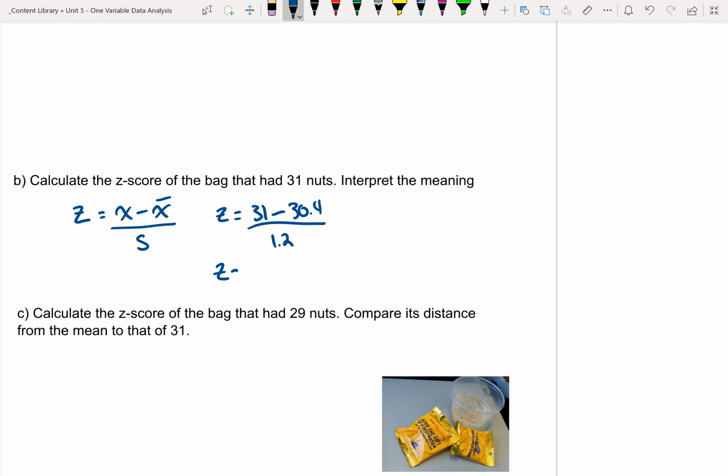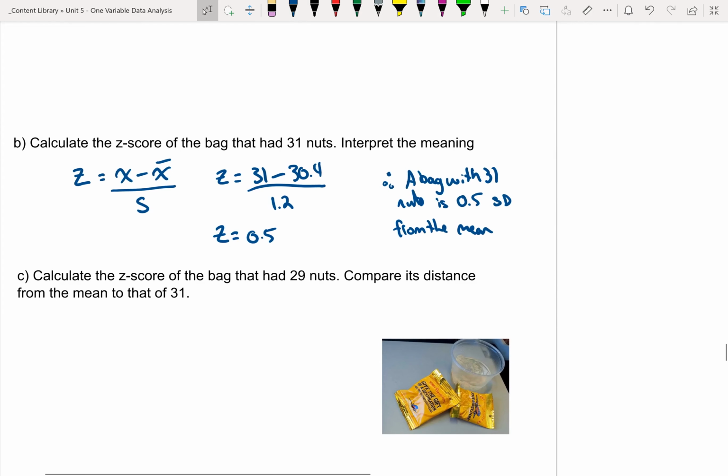So my z-score is equal to 0.5. Therefore, what this means is a bag with 31 nuts is 0.5 standard deviations from the mean. So you would say that this is fairly close.